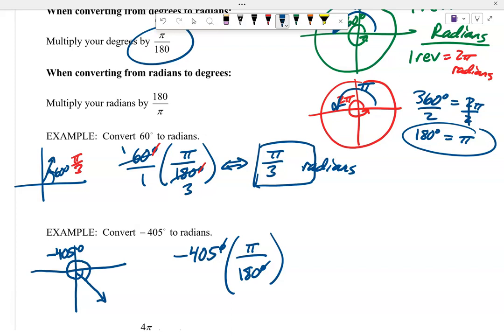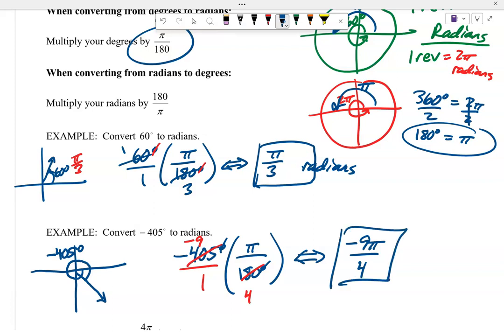Let me check that. 405 divided by 45 gives me 9, and 180 divided by 45 gives me 4. So this is negative 9 pi over 4 radians.